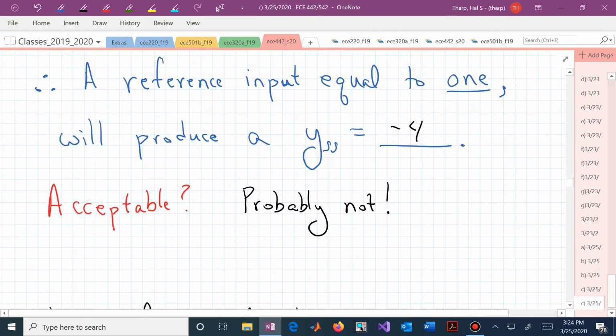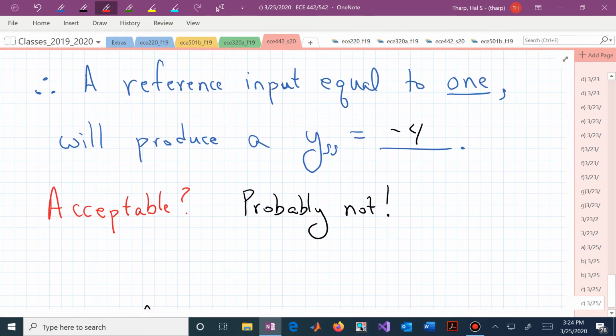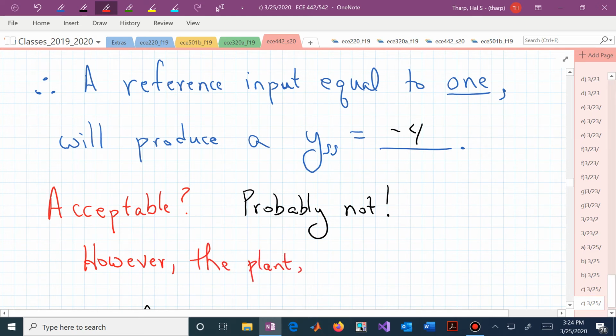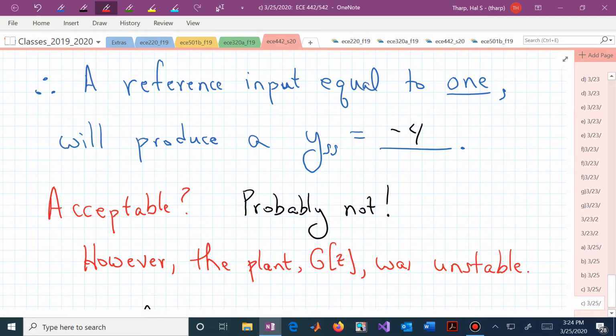But remember what we started with. The original plant, g of z, was actually unstable. At least now we've stabilized the system, and we've made it pretty fast. It's deadbeat, which means we're beating the response dead in a finite number of steps.